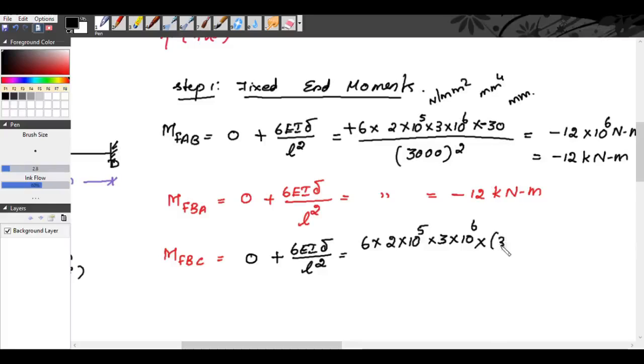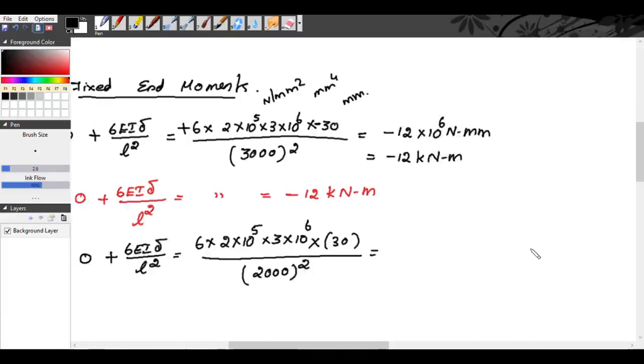So it is plus 30 divided by, the span length is 2 meter. So we are converting it into mm. So 2000 square. We get plus 27 into 10 to the power of 6 Newton mm. That is nothing but 27 kilonewton meter.